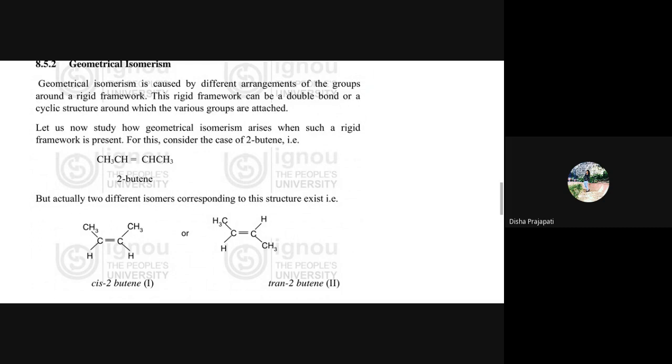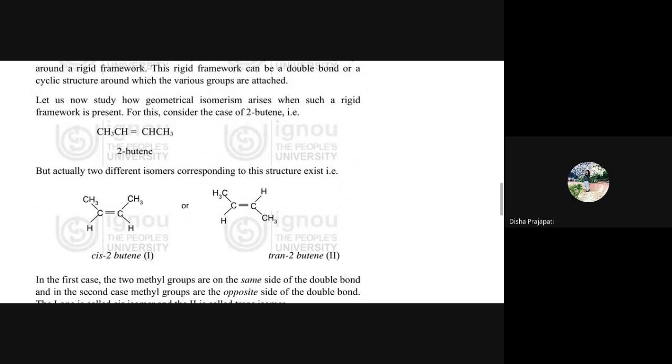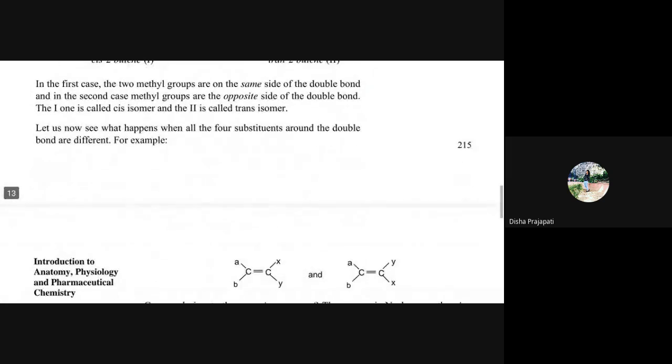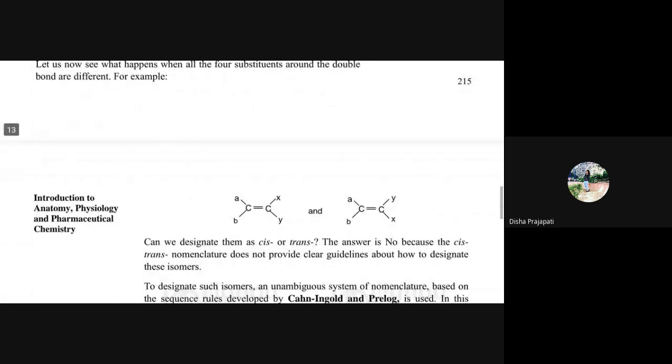In the first one, it is called as cis-2-butene, in which the methyl part in the butene is on the same side, and trans-2-butene, the second part, in which it is opposite side. So it can be called as cis-2-butene or trans-2-butene. This is a type of geometrical isomerism. There are different examples of geometrical isomerism.